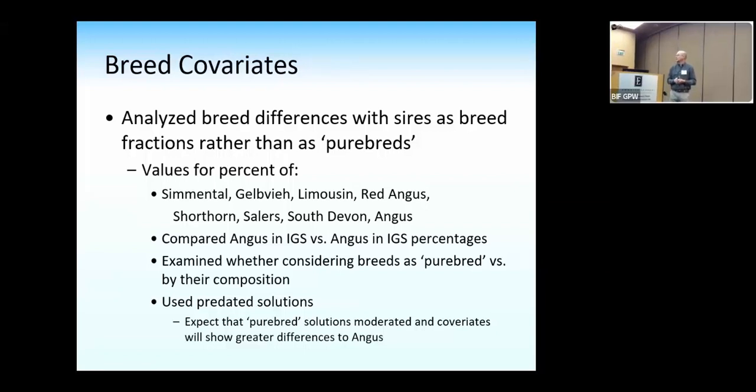And then there's also an Angus within IGS and Angus that we have sampled. And so I wanted to compare that covariate Angus to the Angus that we've sampled for our groups overall and how much different they are.